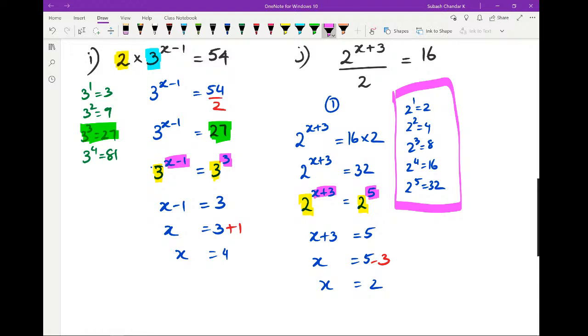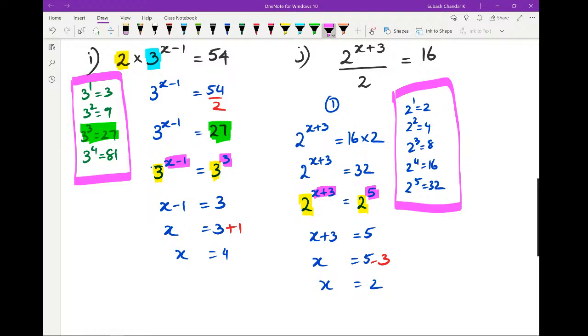You do this so many times and you just start to recognize these numbers, and then you don't have to put it like that at all. But the reason I do this is that if people are coming fresh with exponents, it's good practice to do that and see the links. So you don't need to write the stuff that's in the pink box, or even in question I, how I had all the 3 to the power of different numbers. You don't need to write that in the exam.